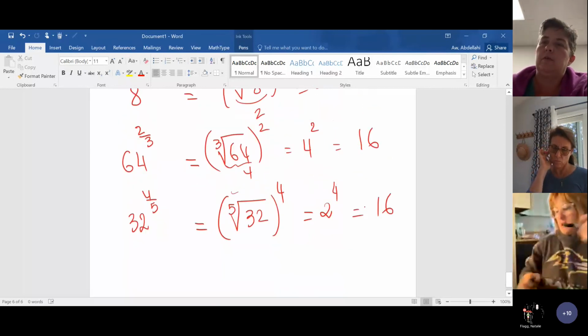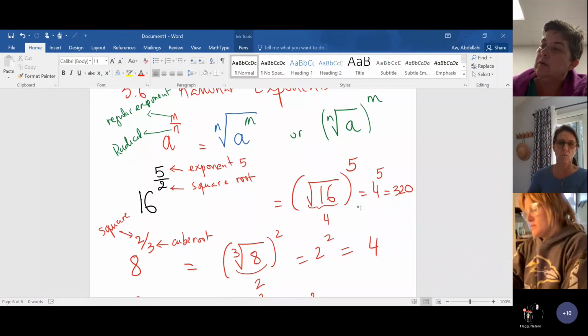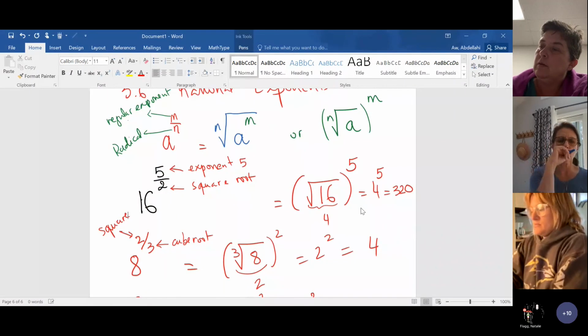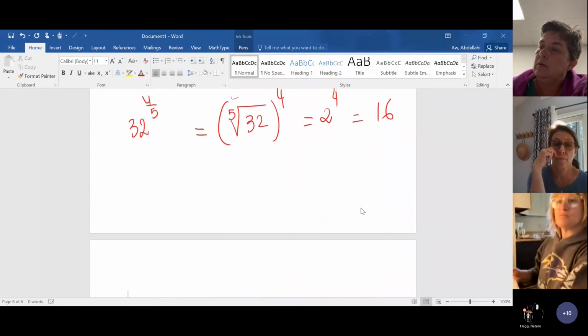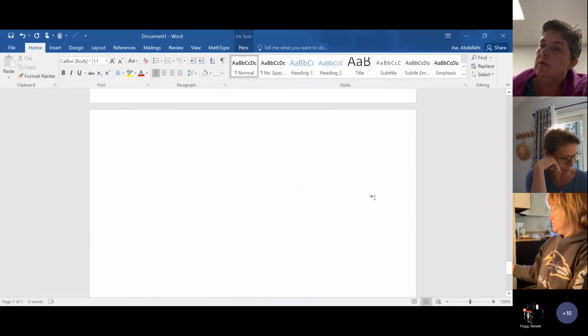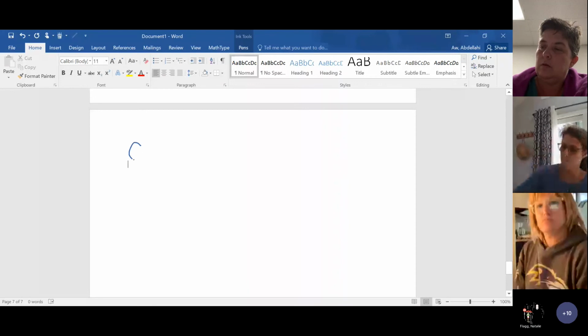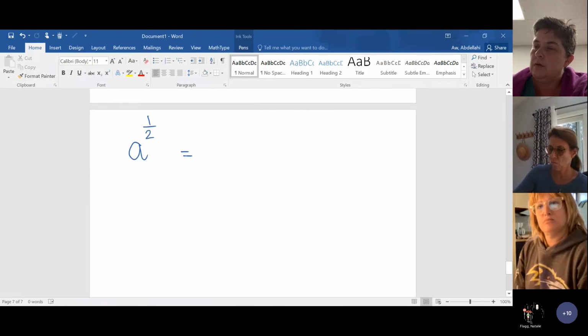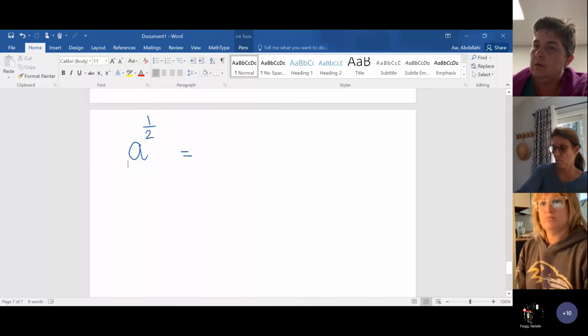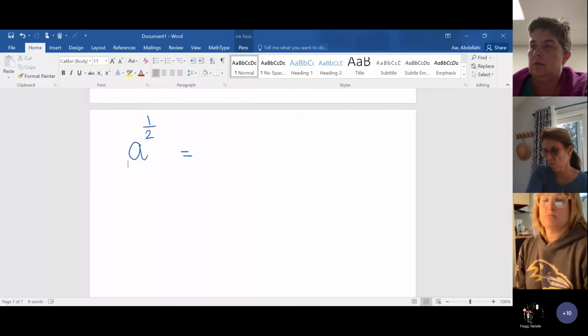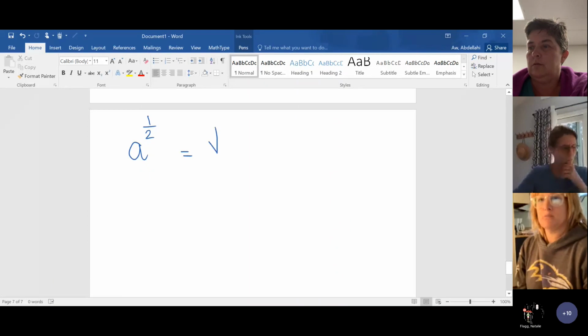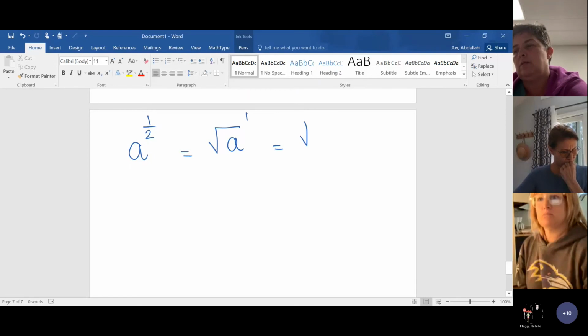So now, look, what's going to be a to the 1/2 power then? Can you write it? It's the square root of a to the 1 power, which is just the square root of a.